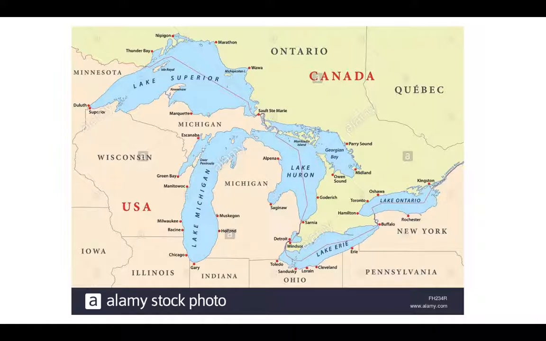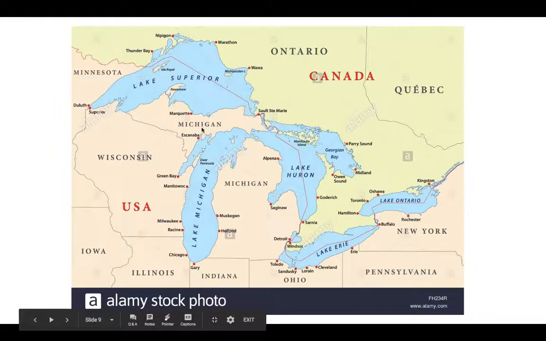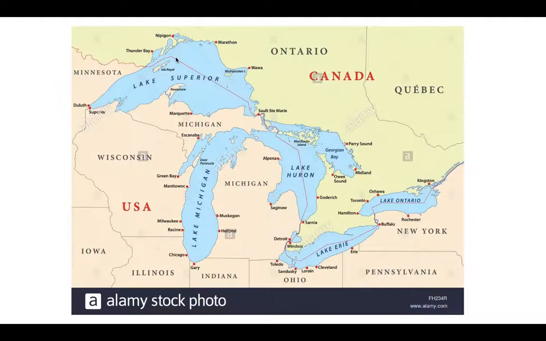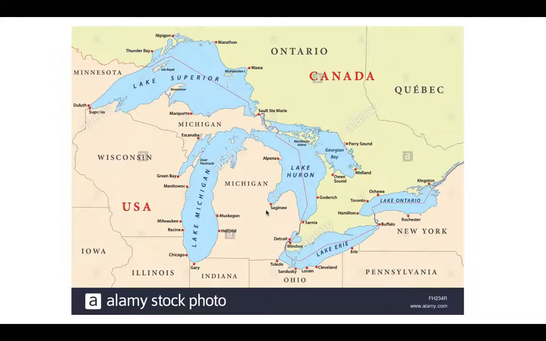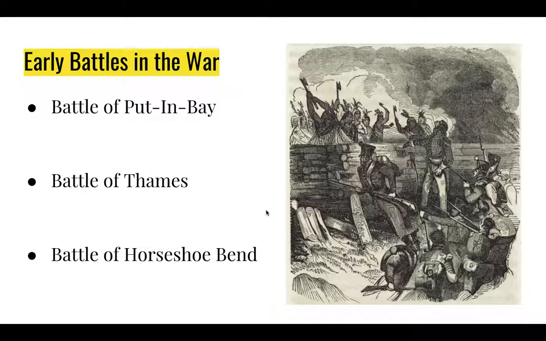This battle was very important because it allowed the United States to ultimately control these territories that at one point were considered part of Canada but are considered part of the United States. And so this battle was very important in terms of the United States maintaining all of this territory here along the Northwest. There might not be a Detroit today without the Battle of Put-in-Bay.